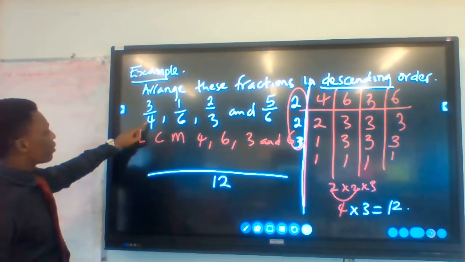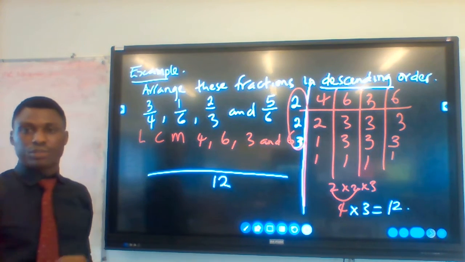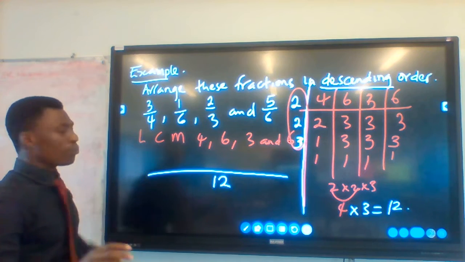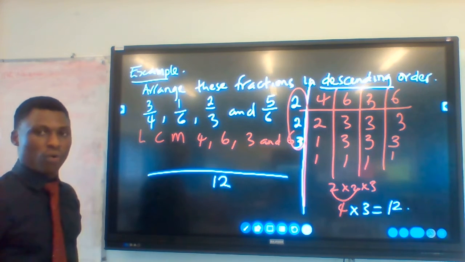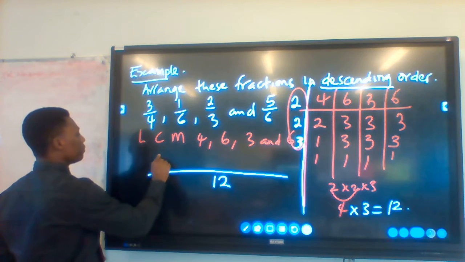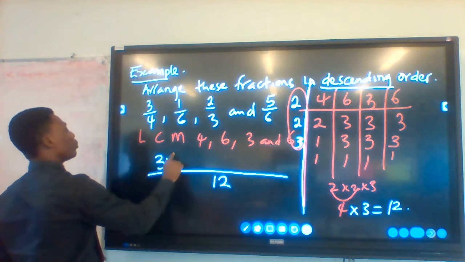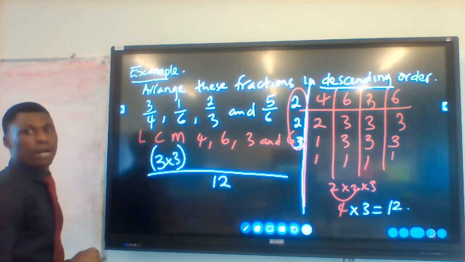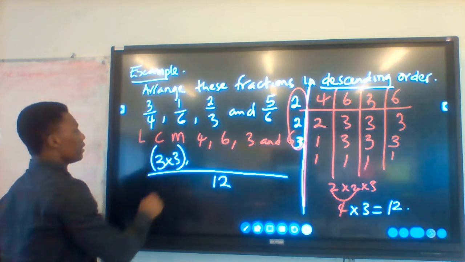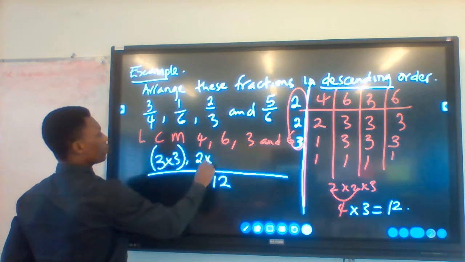How many times does 4 go in 12? 4 goes 3 times. Multiplication table 4. 4 goes 3 times. Then we now put 3 times the numerator, which is 3. Am I communicating? Then the second one, how many times does 6 go in 12? 2 times 1.